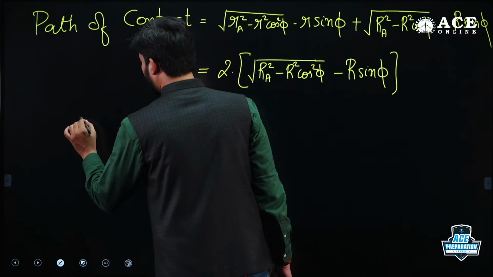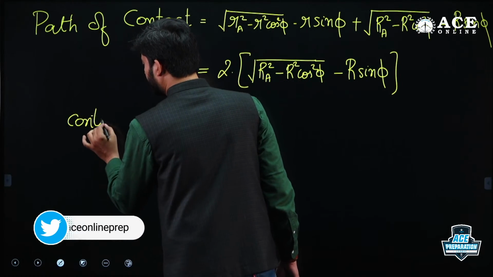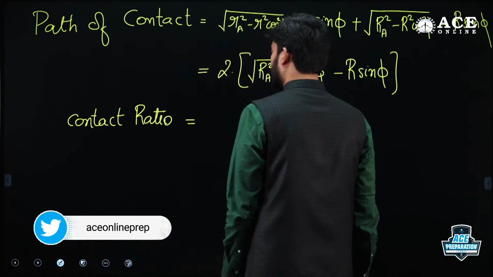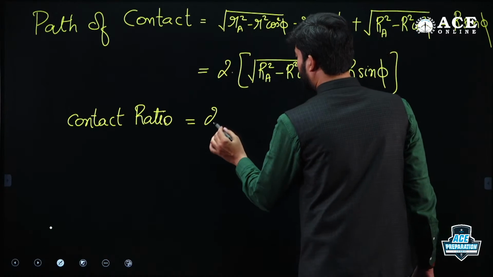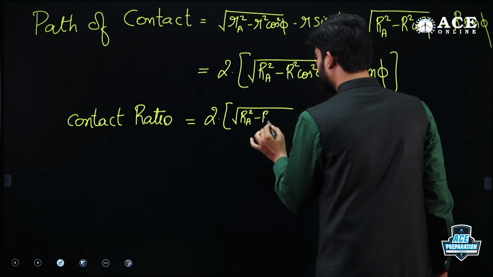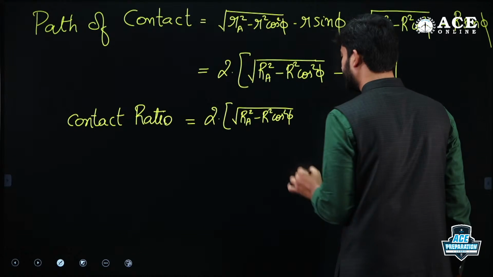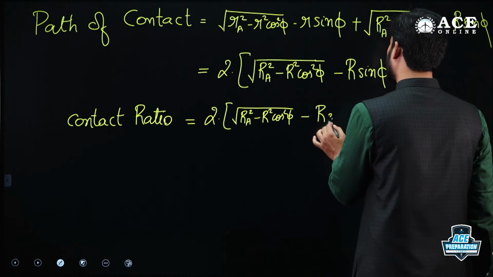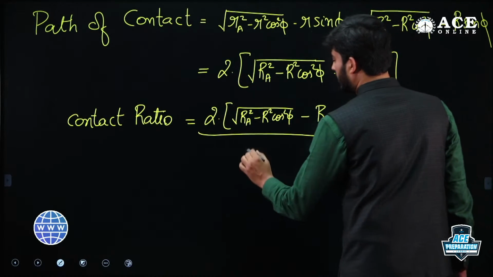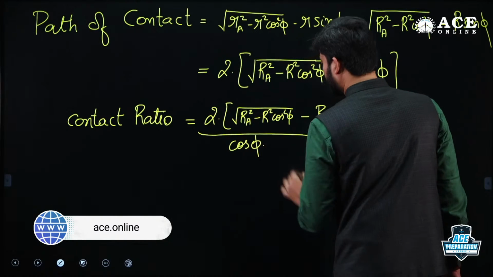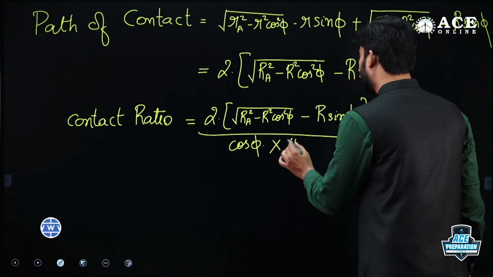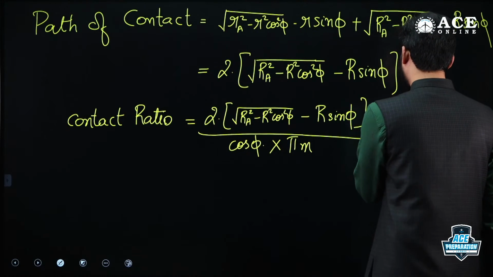So here contact ratio is equal to 2 times sqrt(R_A² − r² cos² phi) − r sin phi, divided by cos phi into circular pitch, which is given as pi times module, and this is equal to 1.